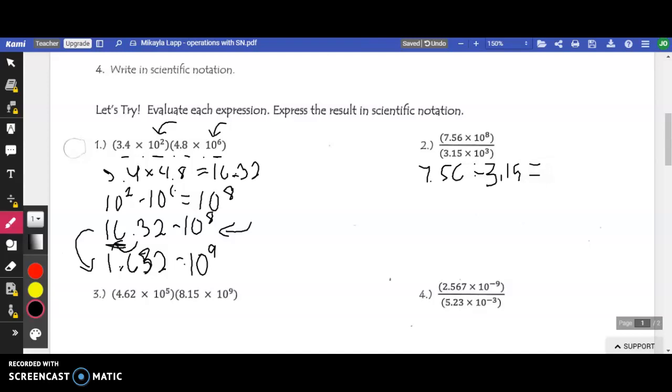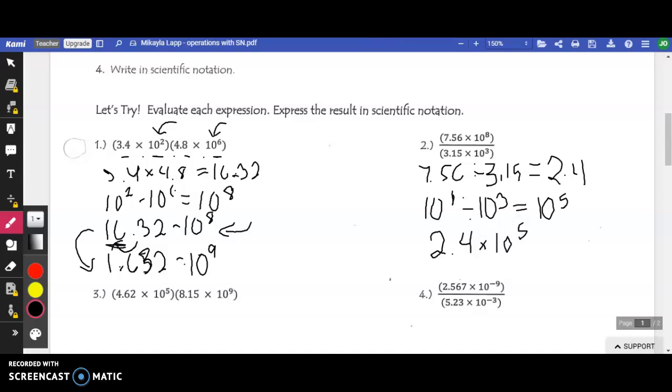So they did that nicely. It's 2.4. And then we have 10 to the eighth divided by 10 to the third, which equals 10 to the fifth. And now what's great is we have 2.4 times 10 to the fifth, and that is in scientific notation, so that's our answer.